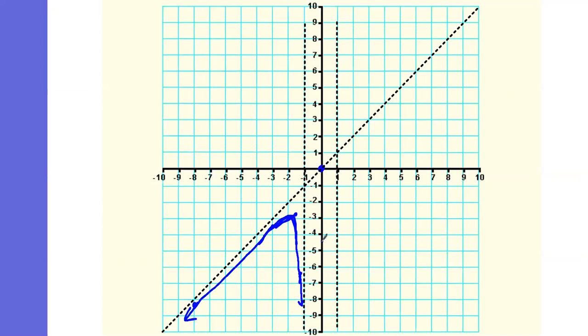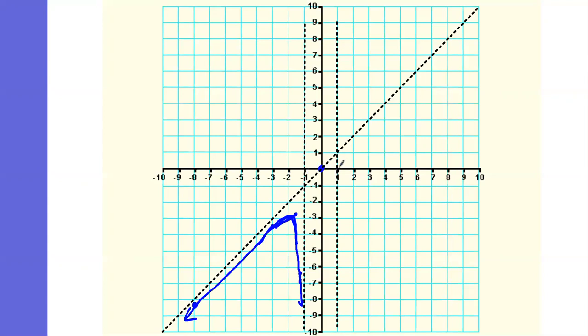It's something like that. Now, to save you a little bit of time, I'm not going to go through every single point in here and every single point in here. This video is already getting kind of long as is. But I will tell you what you should get in those sections and what you'd want to plug in. Well, we already know what's happening at 0, but plug in something close to negative 1, maybe negative 0.9.